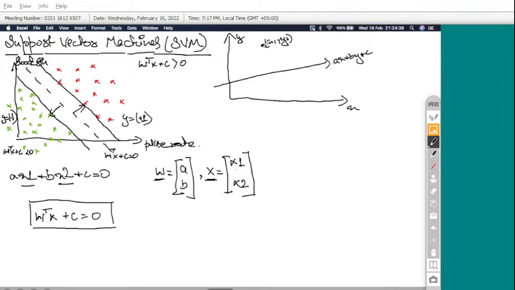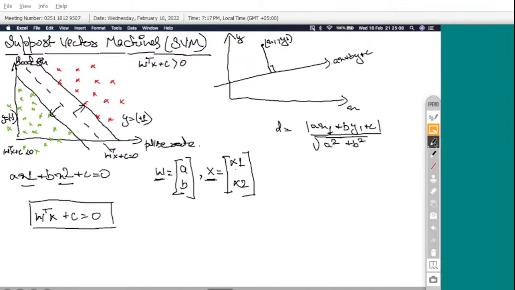We want to calculate the perpendicular distance of the line from this point. The formula to calculate the distance is ax1 plus by1 plus c, divided by the square root of a square plus b square. That's the formula to calculate the distance.